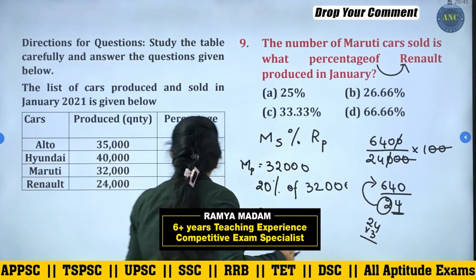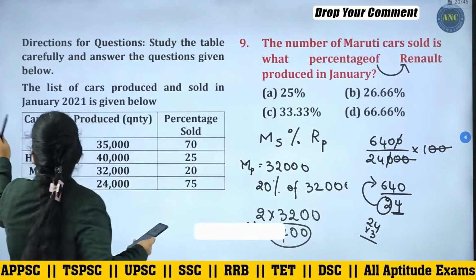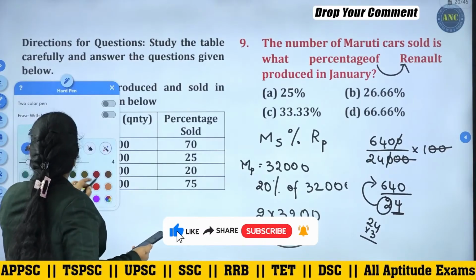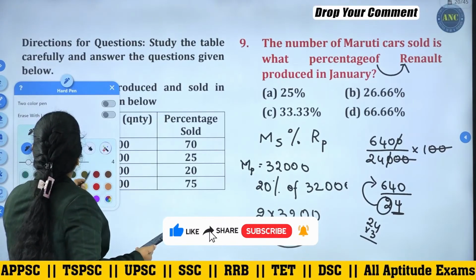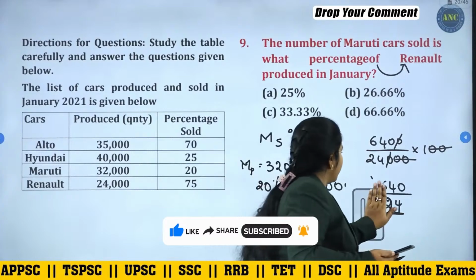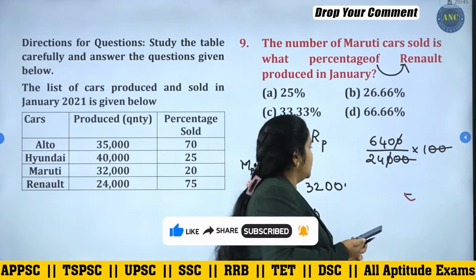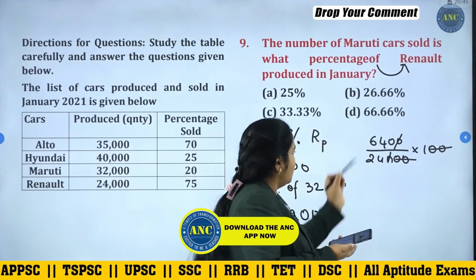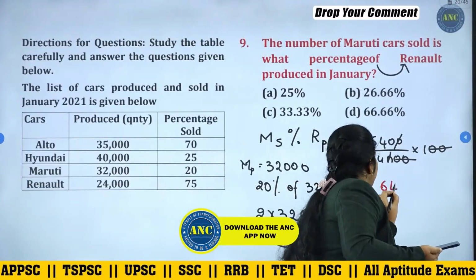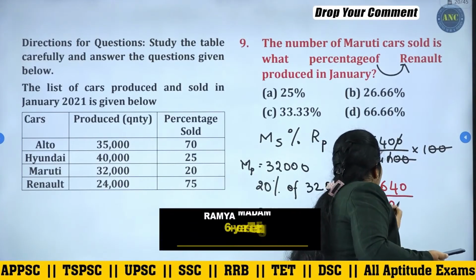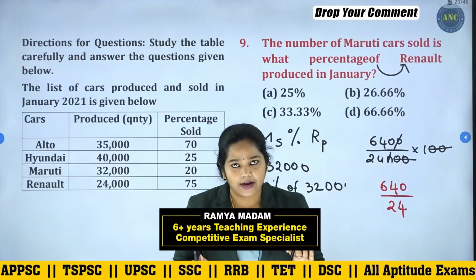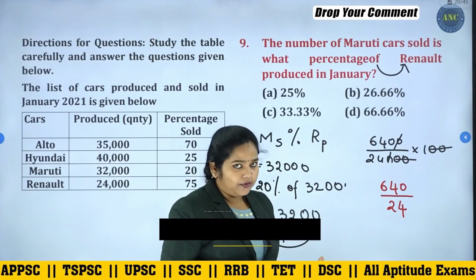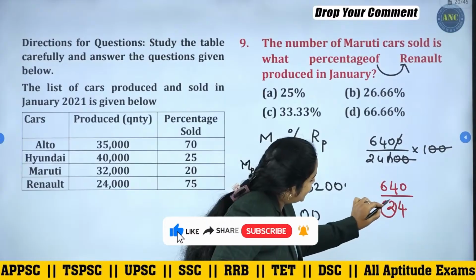A very short trick for the division: what is the number left over with us? It's 640 divided by 24. While you are doing division, first you take the first number.